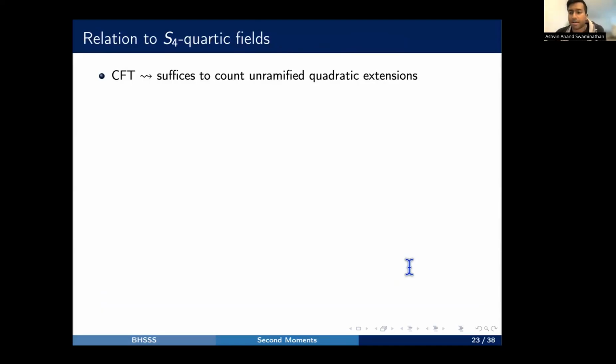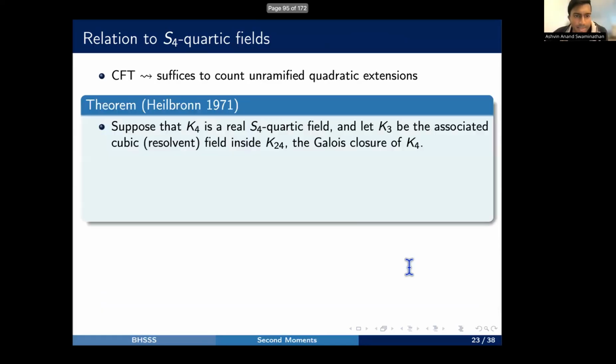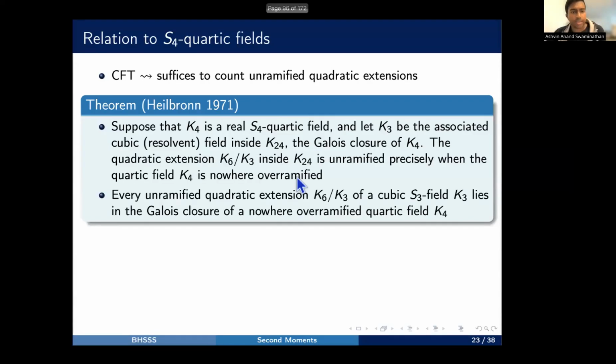I'll tell you about the proof of Bhargava's theorem, for instance. So by class field theory, counting two torsion in class groups of cubic fields amounts to counting unramified quadratic extensions of these fields. And then there's a theorem of Heilbronn from 1971 that says that if K4 is a real S4 quartic field and K3 is the associated cubic field inside the Galois closure of K4, then the quadratic extension K6 over K3 that lives inside K24 is unramified precisely when the quartic field is nowhere over-ramified.